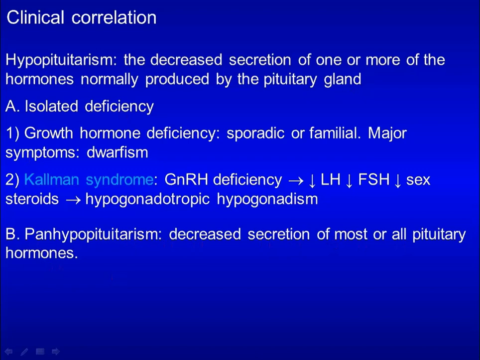Isolated deficiency includes growth hormone deficiency, which causes dwarfism, and Kallmann syndrome, which is caused by gonadotropin-releasing hormone deficiency. This condition leads to decreased secretion of gonadotropins and sex steroids.